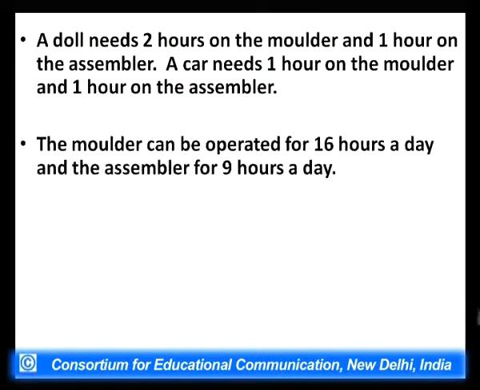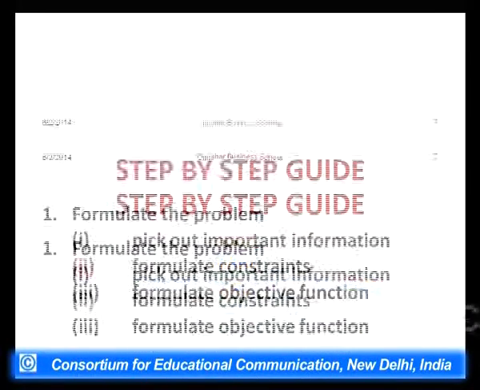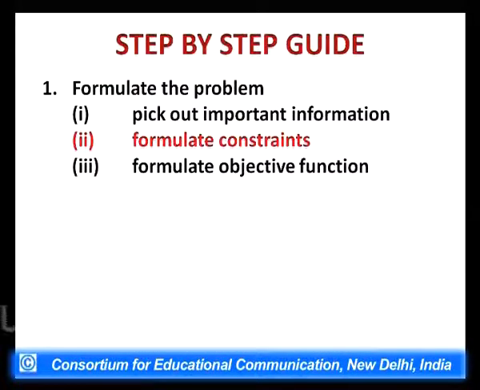And the molder can be operated for 16 hours a day and the assembler for 9 hours a day. This is the capacity given, so capacity constraints will be formed. Earlier we discussed the important issues raised in the problem. Whatever statements were very important, we have picked them, and now we are going to formulate the constraints. Rather, we are going to formulate the problem.